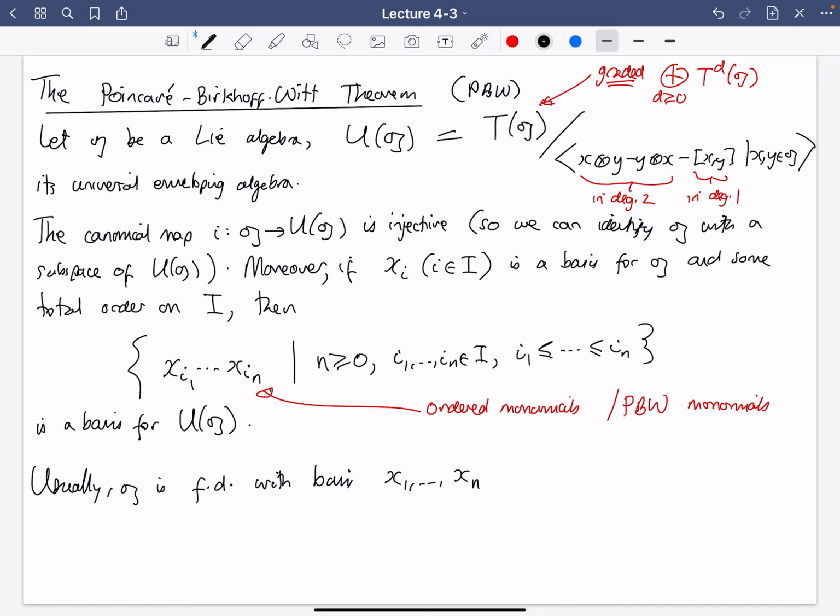This gives me the ordering in the first place, and then this PBW basis, in this notation, you just write as x1 to some power m1, x2 to some power m2, up to xn to some power mn, where m1 up to mn are just natural numbers. Okay, so that's the theorem.